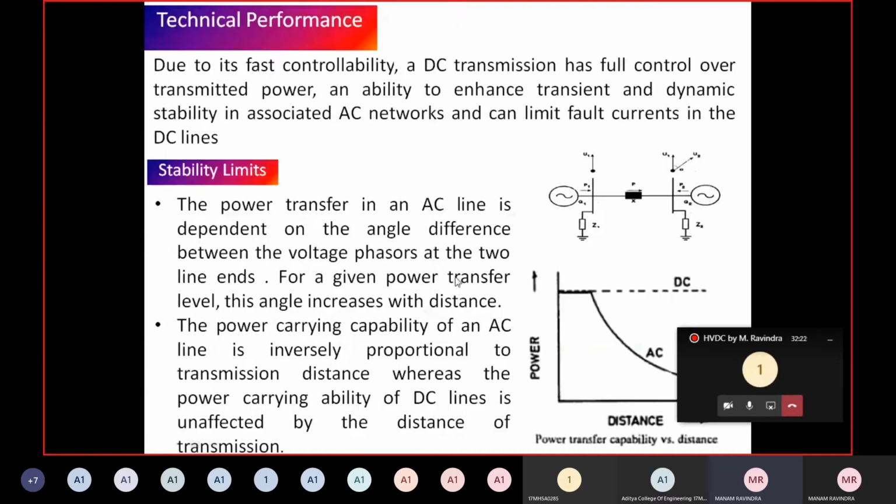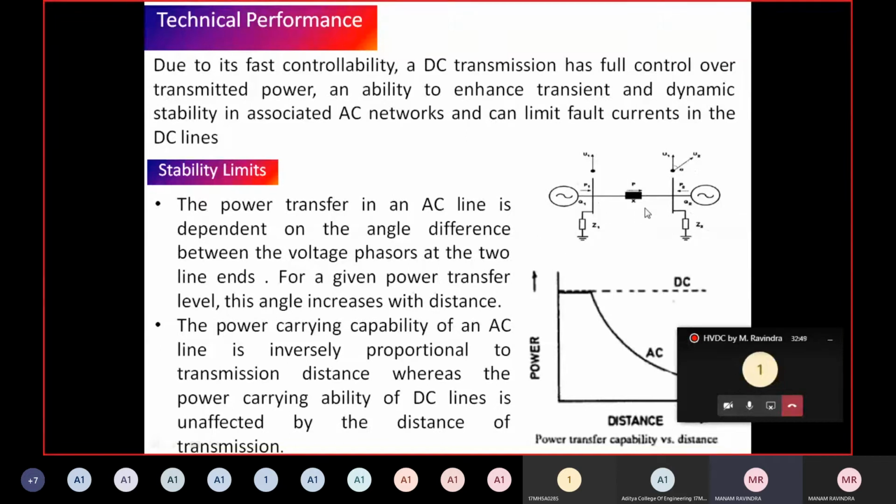Okay. Next point, coming to technical performance. We have already discussed in the first slide that in technical performance, stability limits are considered. Stability limits means what? The power angle. See, the power angle in case of AC depends upon the phase angle, or we call it the load angle, between sending end voltage and receiving end voltage. As line length increases, what happens?